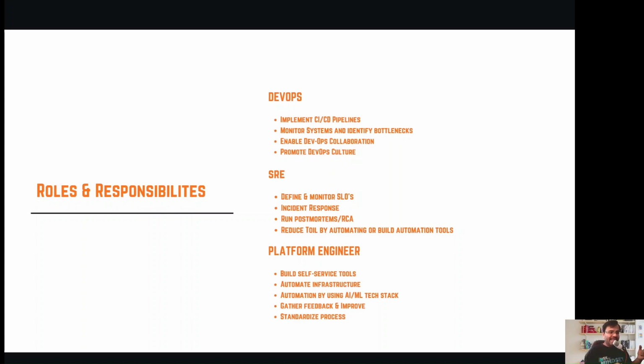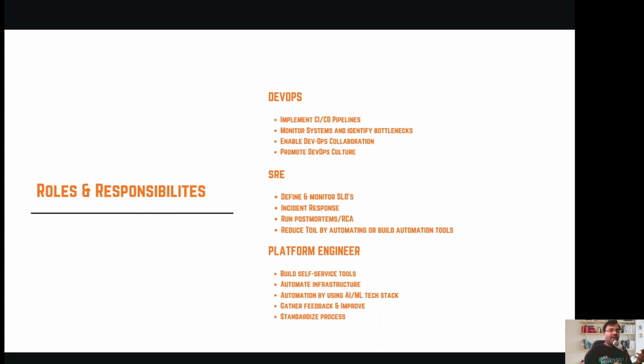So the DevOps role, think of it as the engine which always makes sure the development teams and the operations teams are in sync in each and every phase of product delivery. The SRE is about stability, reliability, and resilience. If DevOps is about speed, the SRE is about stability.